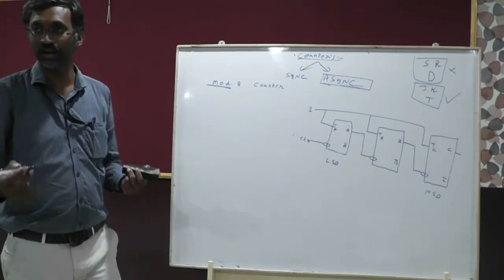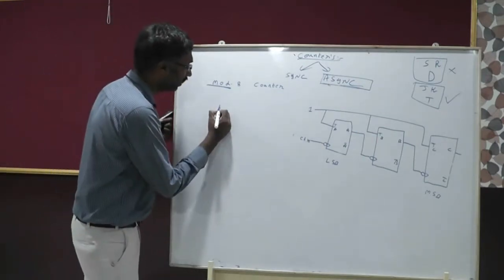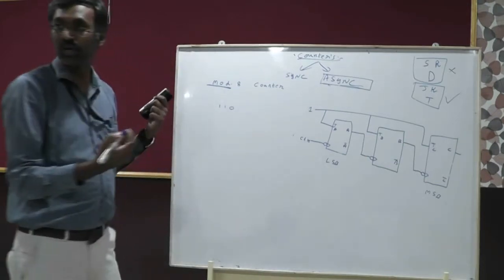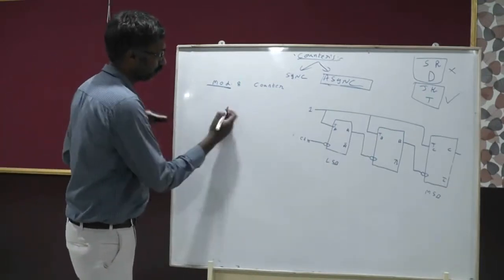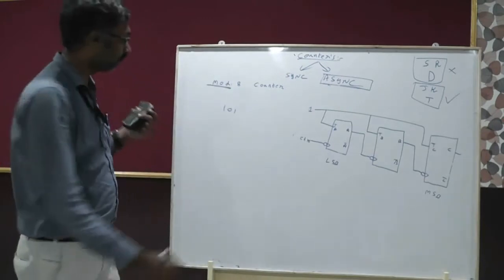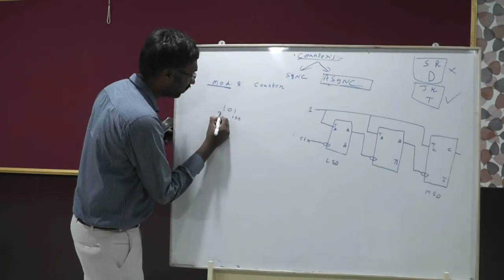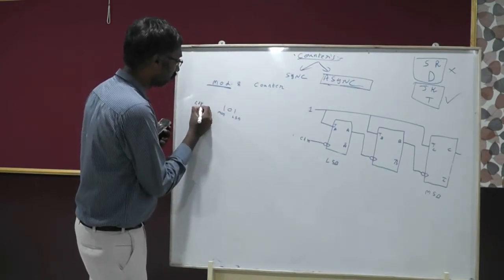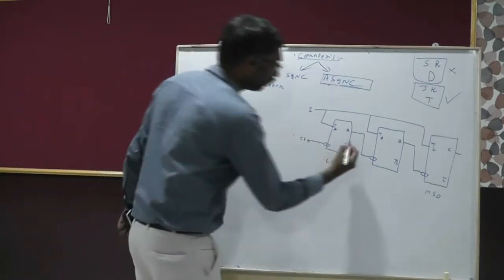Let's take a random example. Say 1, 1, 0, 1. This one is the LSB and this one is the MSB. Now we are applying the clock signal. What is the output here?